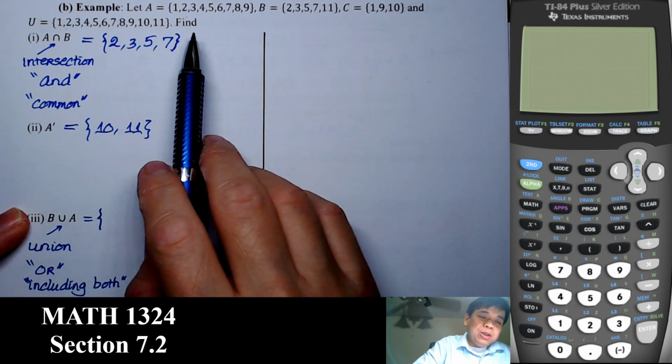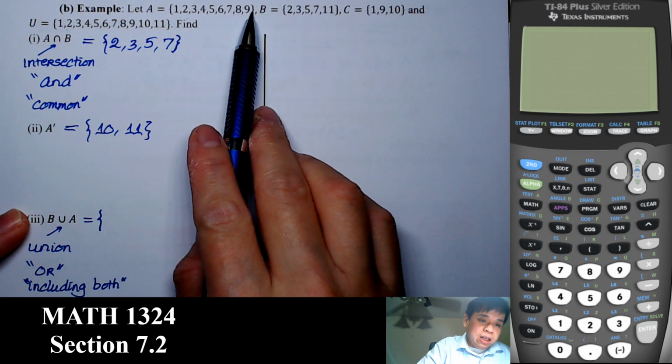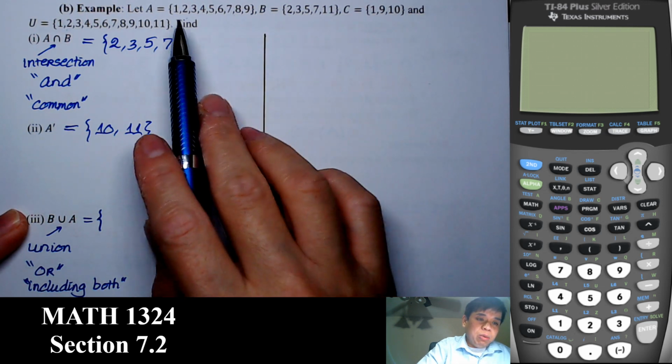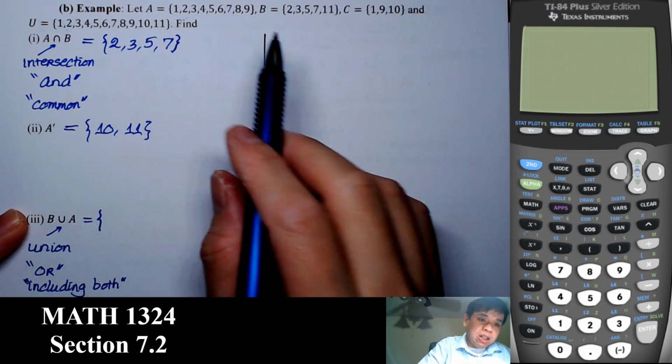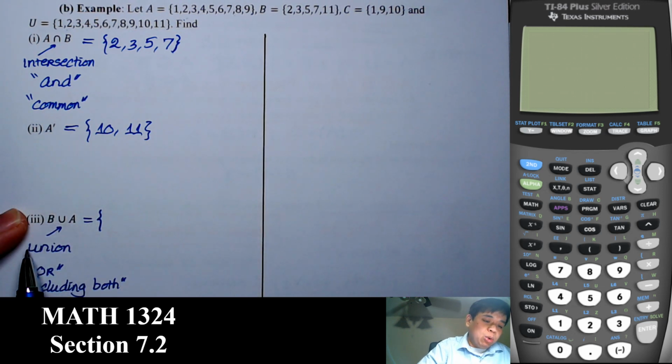So pretty much it's going to be in A or in B. So we're going to list everything in A, and then we just list whatever is new. Or we list everything in B, then we list whatever is not in that. So I'll just write A or B, or union of A and B, or union of B and A. So the order we can just switch.